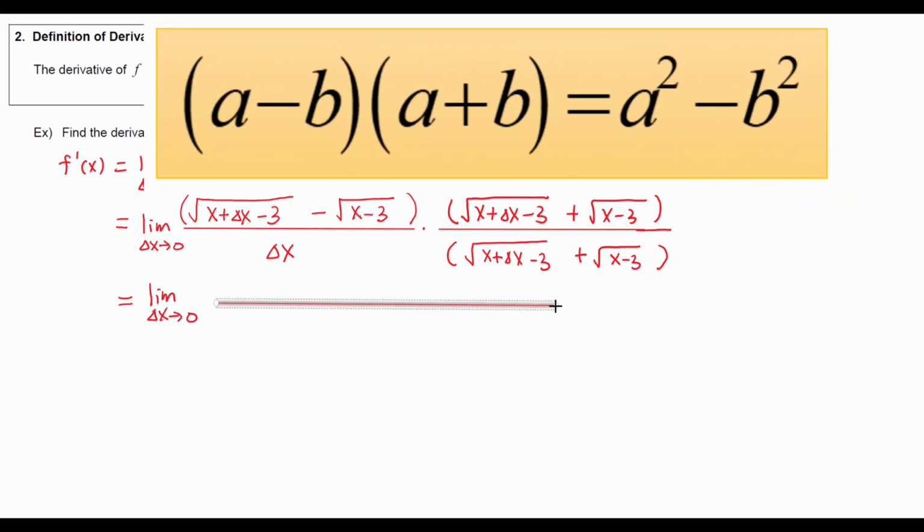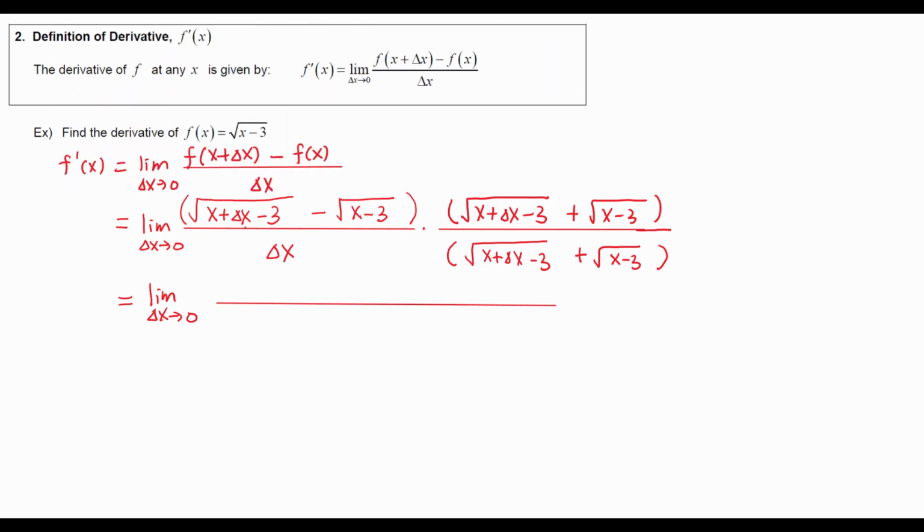And my numerator is a minus b times a plus b, which is a squared minus b squared. So that would be square root squared, which will get rid of the square root. So I will have x plus delta x minus 3, minus the square of the square root of x minus 3, which will give me x minus 3.